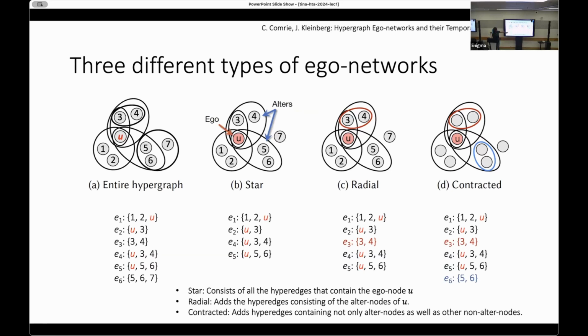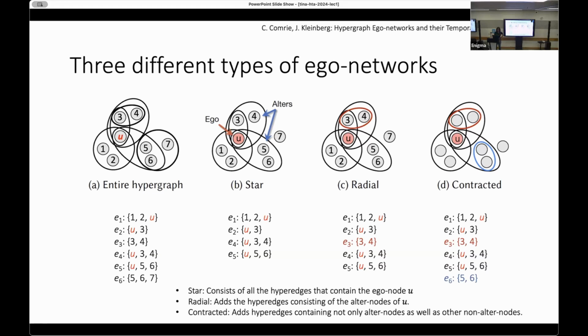And so you could go from what they're calling just a star, which consists of hyper edges that contain the ego node, and then you can go to radial, which is the star plus the hyper edges consisting of the alter nodes, and then you can also add hyper edges containing not only the alter nodes but also other nodes.